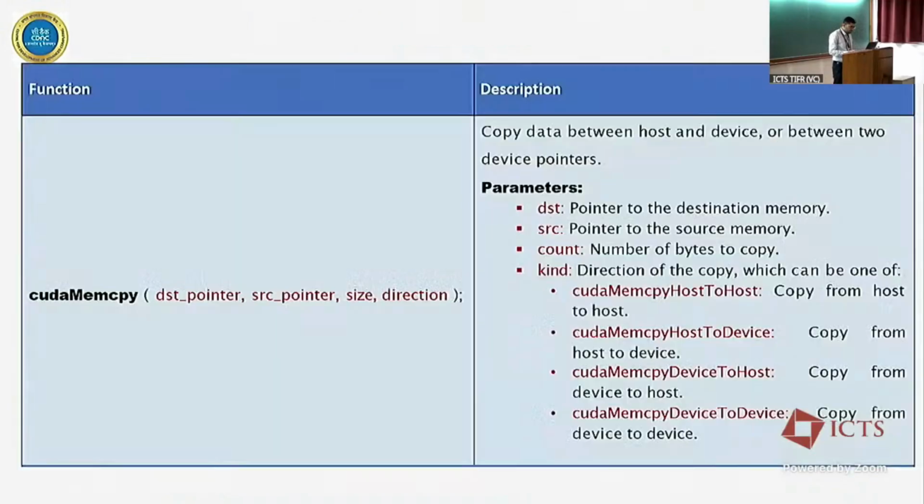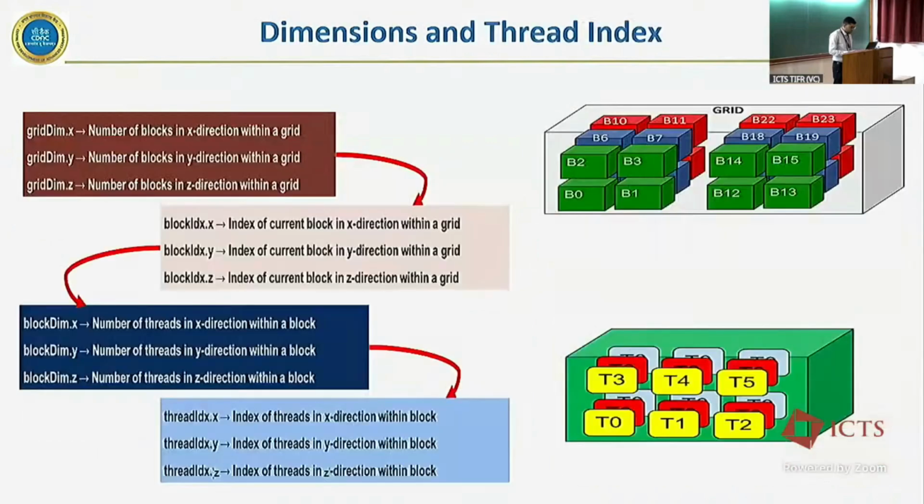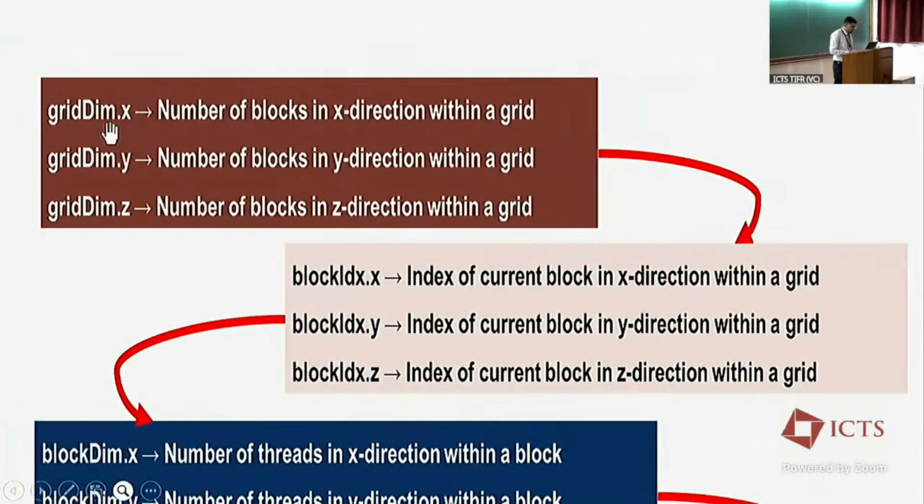But before that, just see its description. Here, gridDim.x is basically used for the number of blocks in the x direction within a grid. In the earlier session we saw there is one grid, and in that grid we have multiple blocks, right?